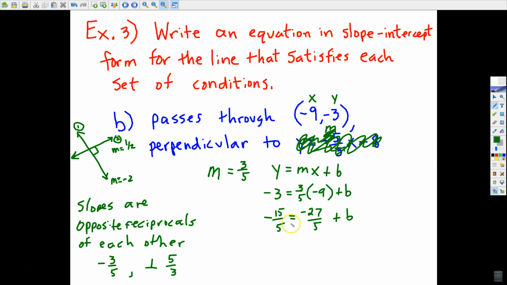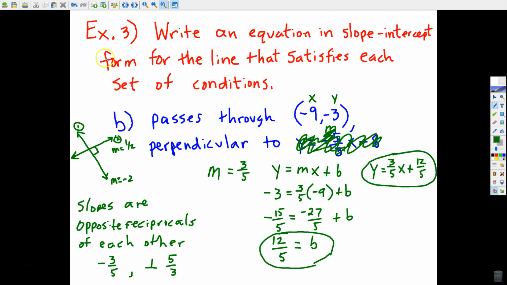Still equals -3 on the other side, but now they have matching denominators, and so now I'm going to add 27/5 to both sides, and -15/5 plus 27/5 gives me 12/5. Okay, we found the y-intercept, and we found the slope right off the bat. Let's write our equation. y equals 3/5, that's the slope, x plus the y-intercept, 12/5.